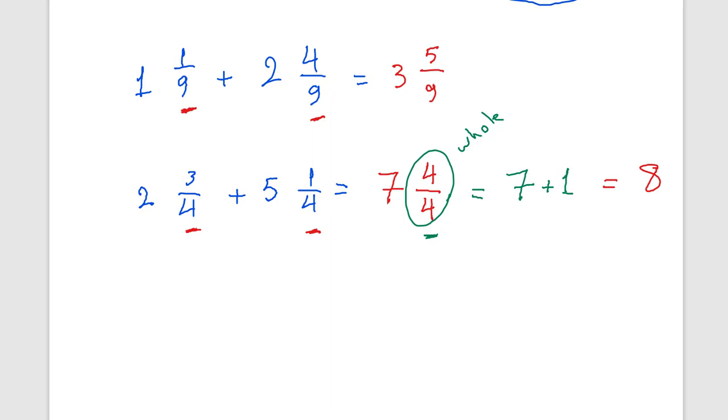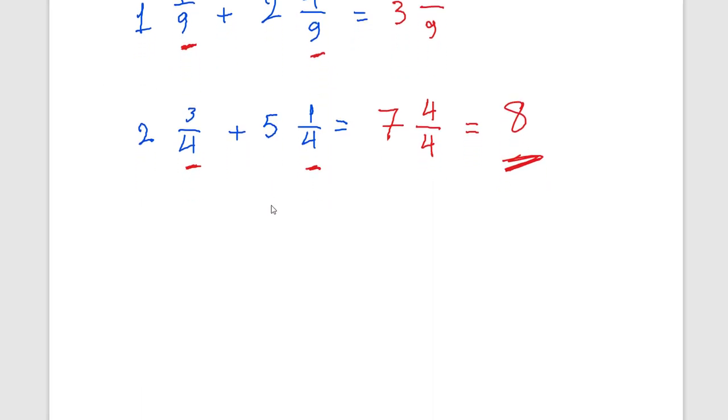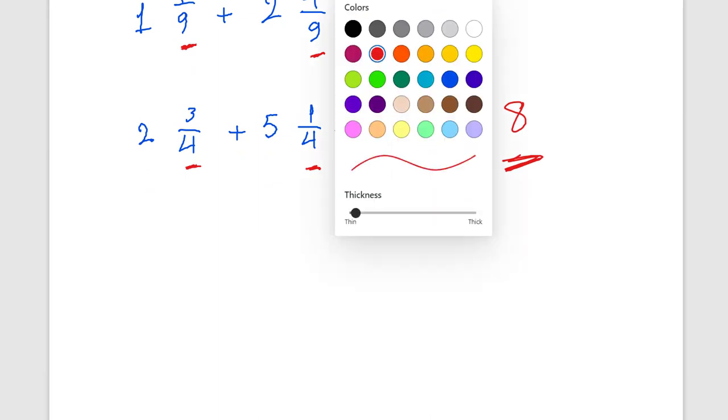So you can erase all this. Let's erase it and just write equals 8. Okay, this is renaming. That's what we mean by renaming. So this is renaming here.